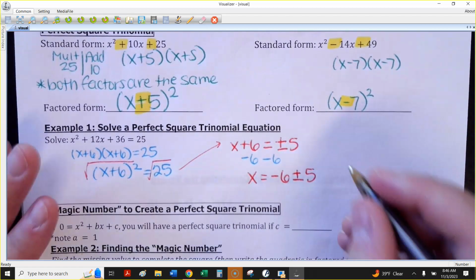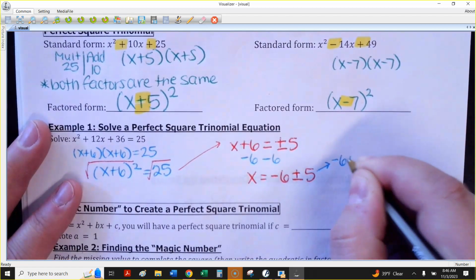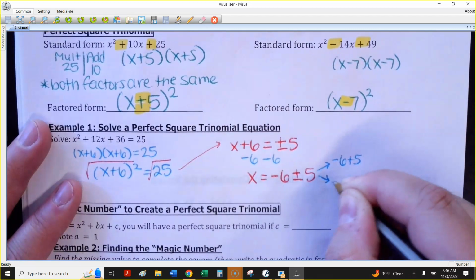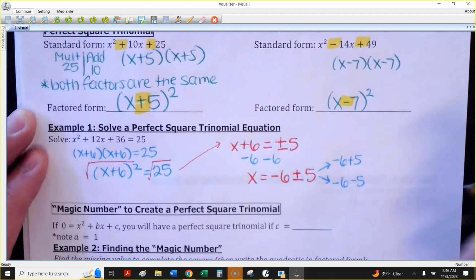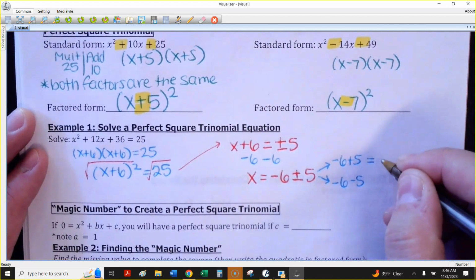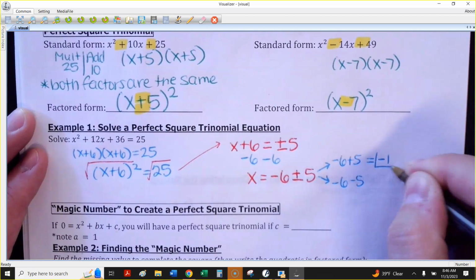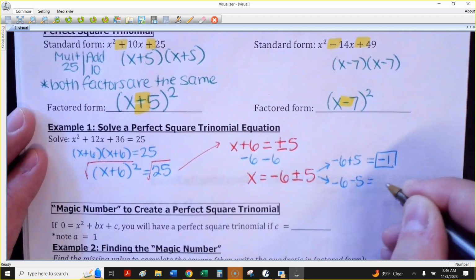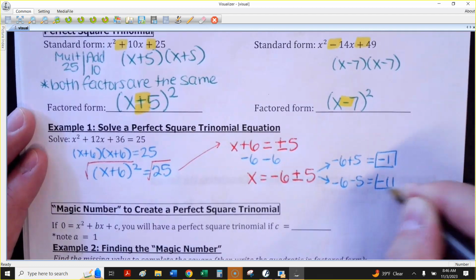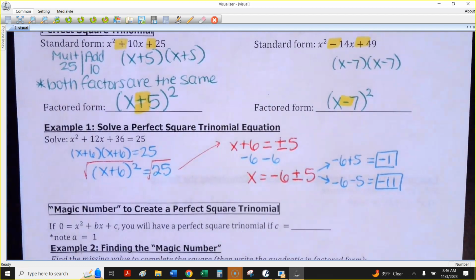So I'm going to do negative 6 plus 5, and I'm going to do negative 6 minus 5 to get my two answers here. So negative 6 plus 5 would give me negative 1. Negative 6 minus 5 would give me negative 11. So those are my two answers. If we plug those back in for x, that would make that equation true. Is anybody having a question?